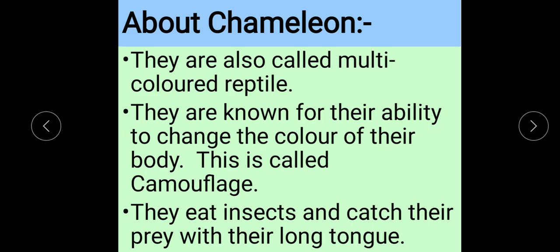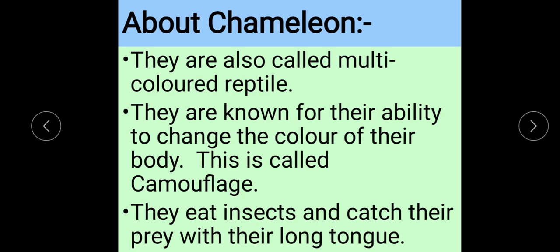This chameleon can change the color of its body to match its surroundings and hide from animals or other people who want to harm them, who want to harm those chameleons. So first thing, it is called a multicolored reptile.